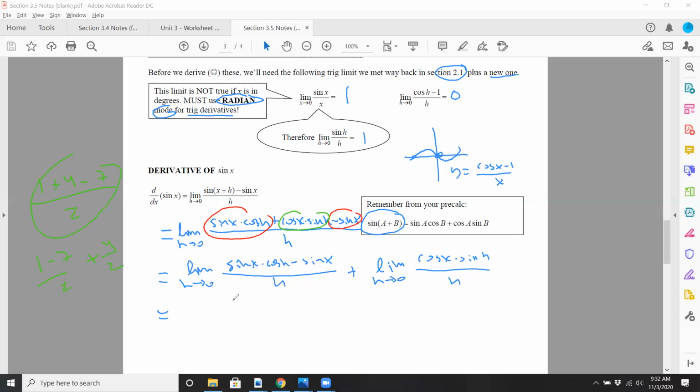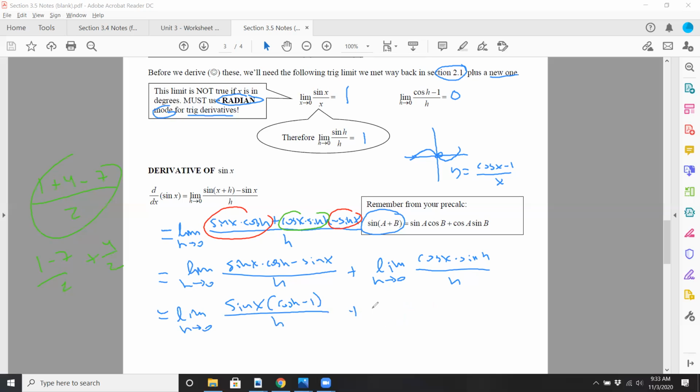Now I'm going to factor out sine x from the first fraction, so I have cosine h minus 1 over h, limit as h approaches 0. And here, I'm just going to break it apart like this. Limit as h approaches 0 of cos x, or actually, let me rewrite that.